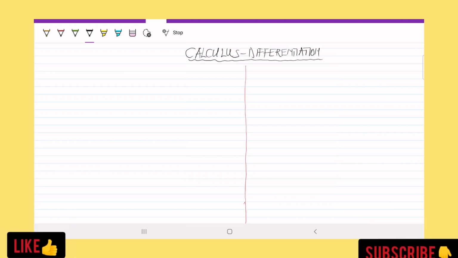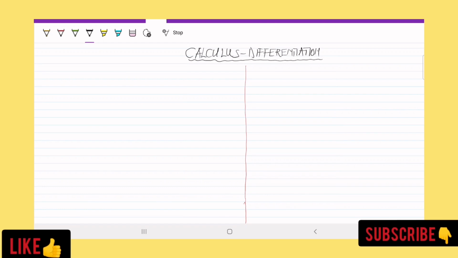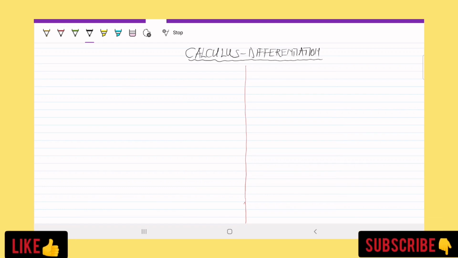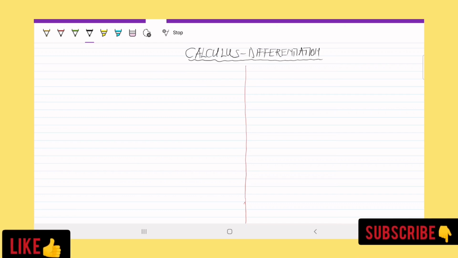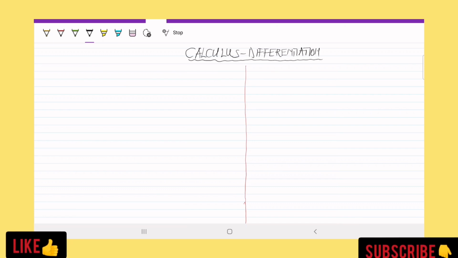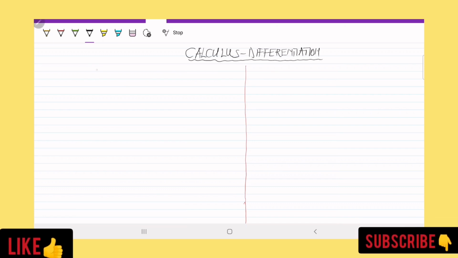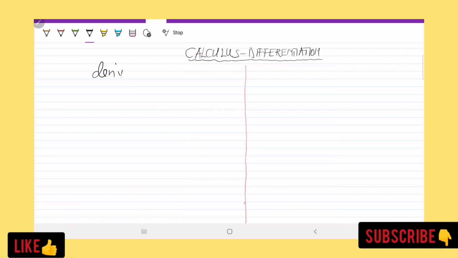So without wasting my time, let's move straight away to our topic for today, differentiation. What is differentiation? Differentiation has to do with the process of finding the derivative of a function.